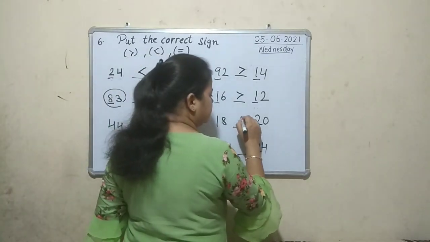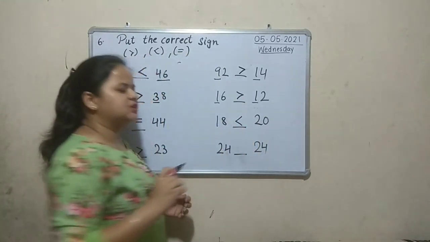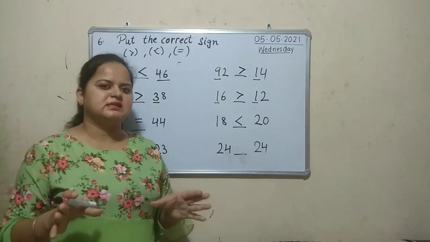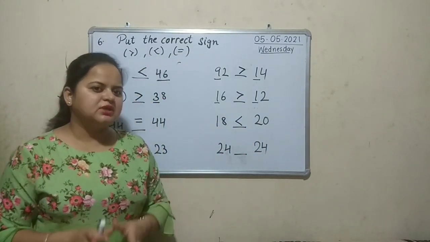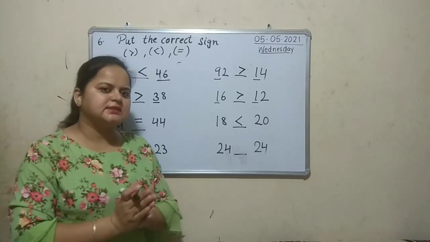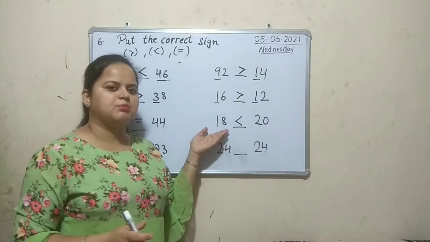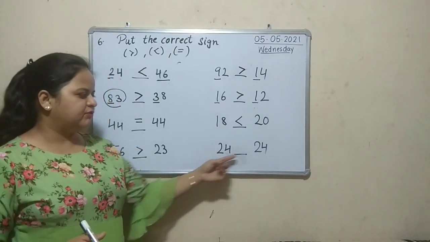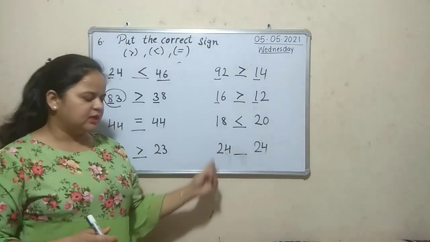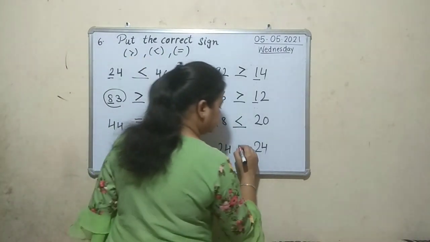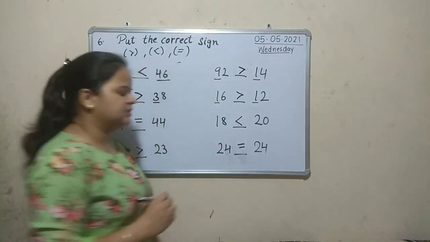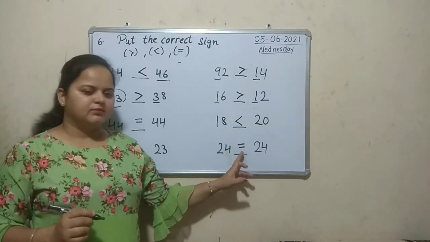So 20 is greater number. Which number shows the more objects is greater number, and which number shows the less objects is smaller number. 24 and 24. So both are same. So means equal. We will put the sign of equal here. Done?